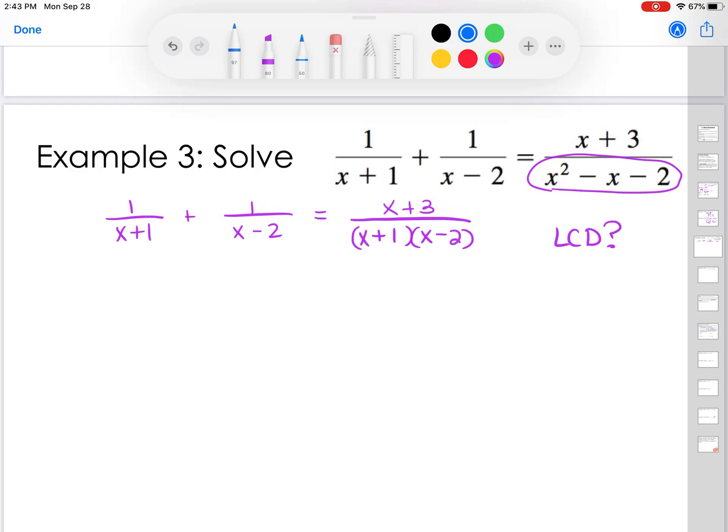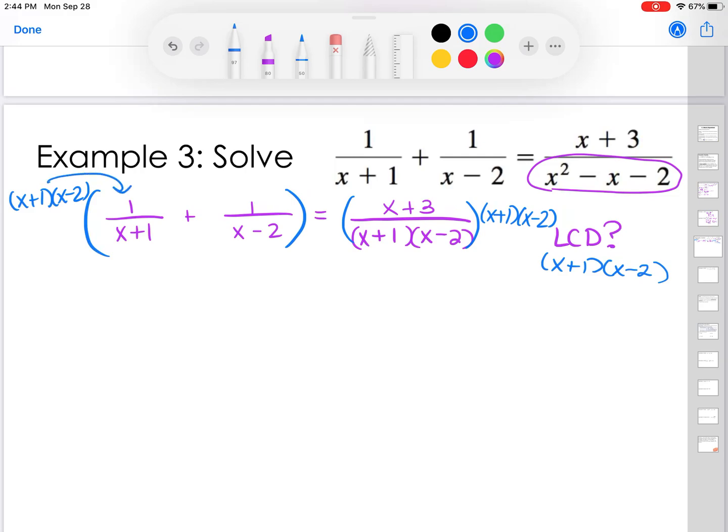It looks like if I made all of the denominators x plus 1, x minus 2, then I wouldn't have to worry about fractions anymore. All right, so I'm going to multiply the left side by x plus 1, x minus 2. I'm going to multiply the right side by x plus 1, x minus 2. Again, I'm going to write out this step, but you don't need to write this out if you can do this in your head. So I'm going to take both of these and distribute them to the purple fractions I have here.